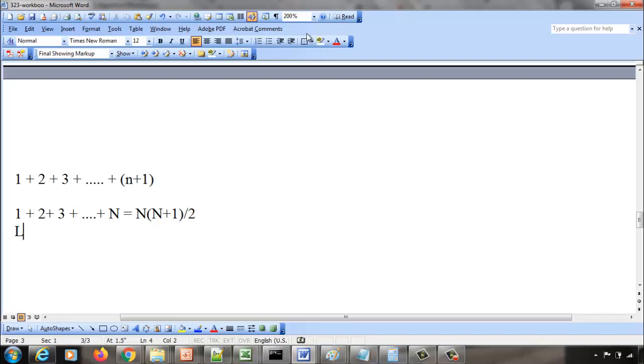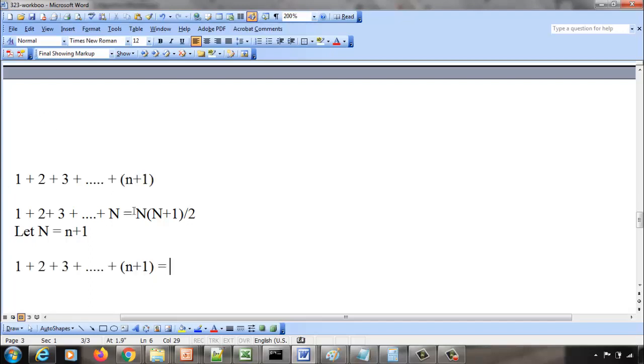So now let capital N equal n plus 1. Is that clear? So we can say now 1 plus 2 plus 3 up to uppercase N is N times N plus 1 over 2. That means this thing equals what?